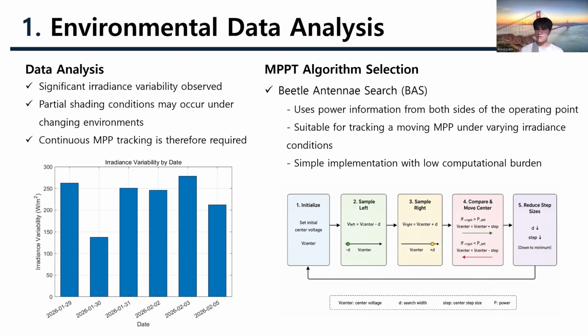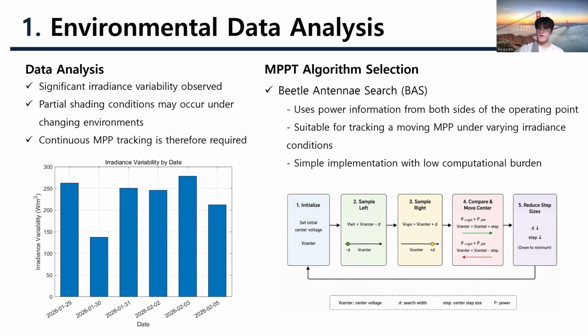This variability means that the maximum power point changes continuously throughout the day, requiring an algorithm capable of dynamic real-time tracking. Based on this analysis, we selected the beetle antenna search algorithm, or BAS, as our MPPT method.